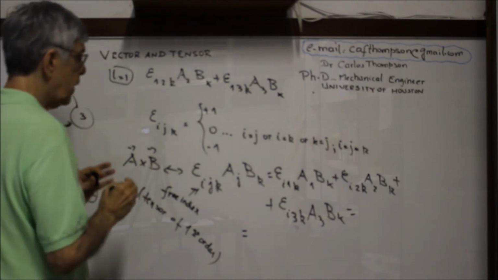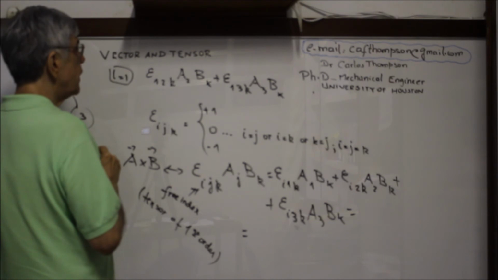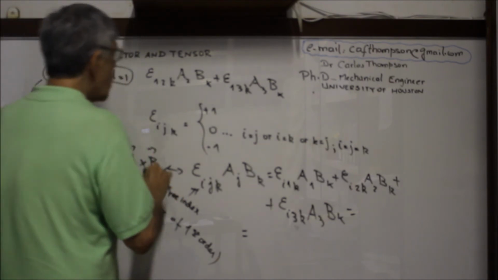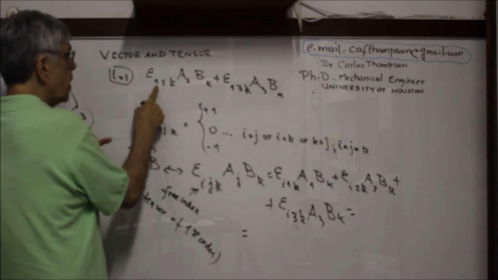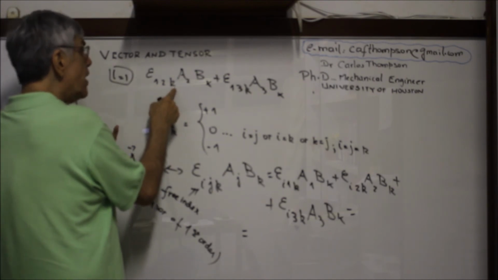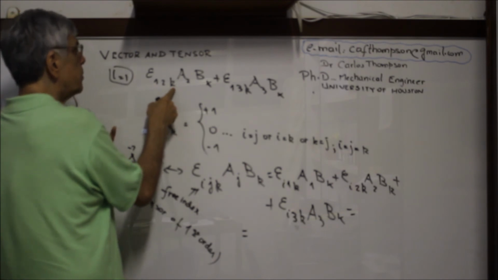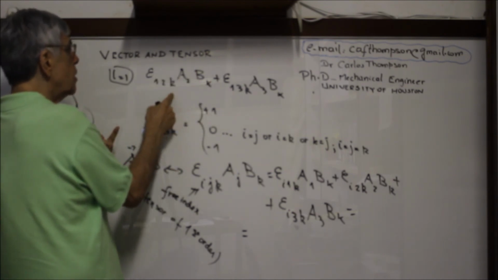Now I see one interesting thing. k cannot be 1, neither 2, because k has to be 3 here. Otherwise, if k is different from 3, this term will be 0.